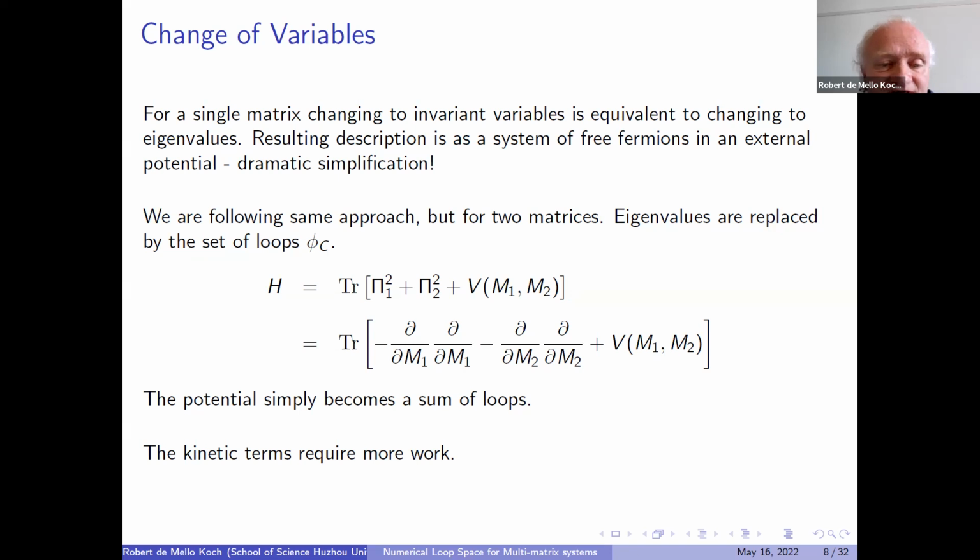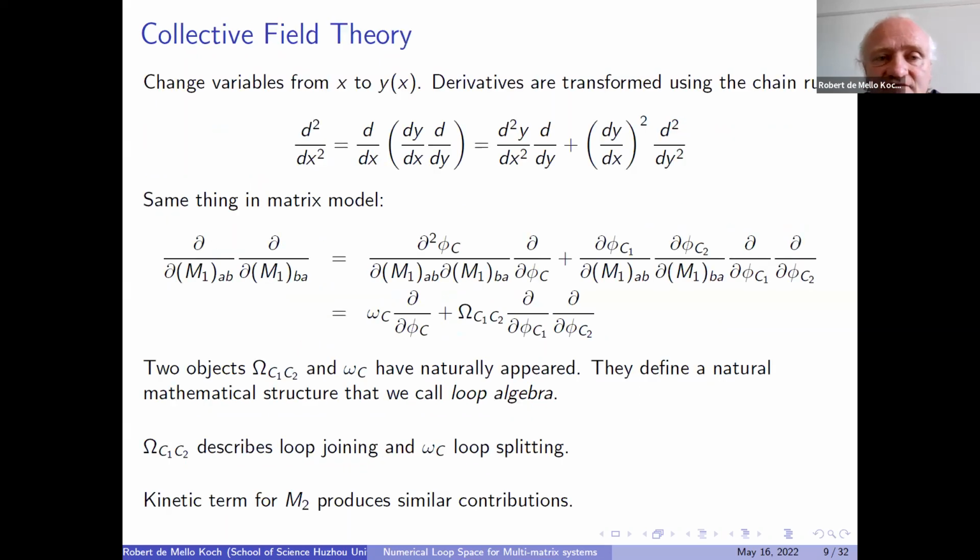So there's our Hamiltonian. If we want to rewrite the Hamiltonian, the potential is trivial to rewrite. It's simply a sum of loops. The kinetic term requires a little bit more work though. To rewrite the kinetic term, we are essentially going to use the chain rule. So here's a trivial formula. Imagine you go from x to y of x, and you want to rewrite the second derivative, d2 dx2.